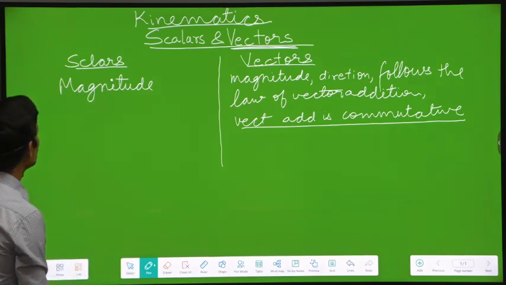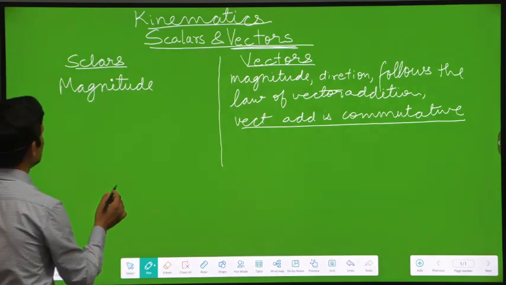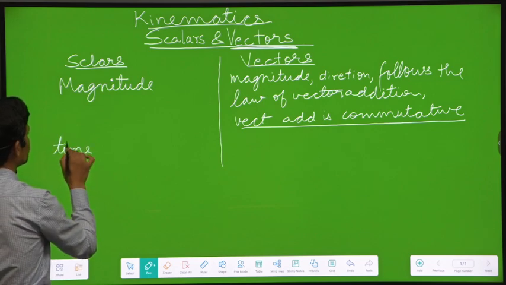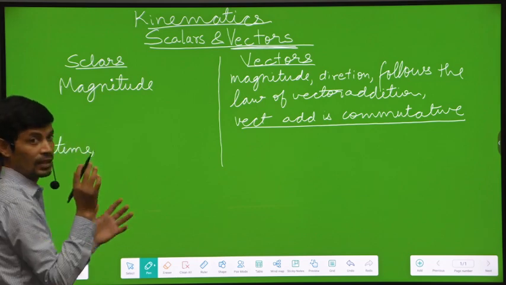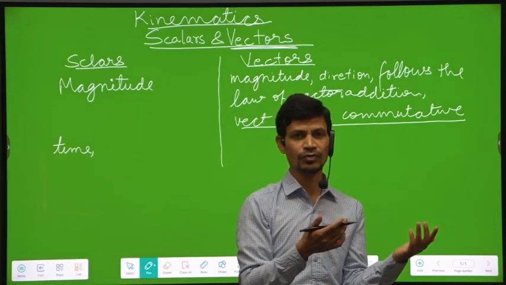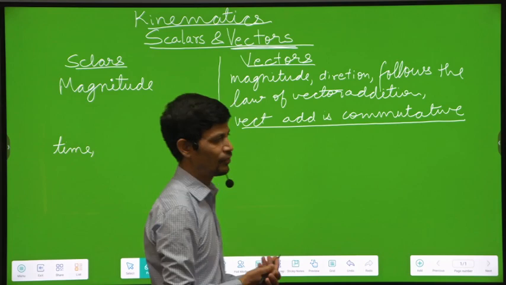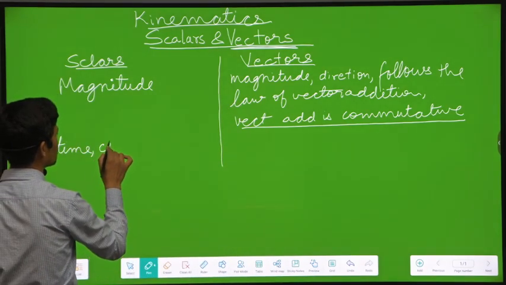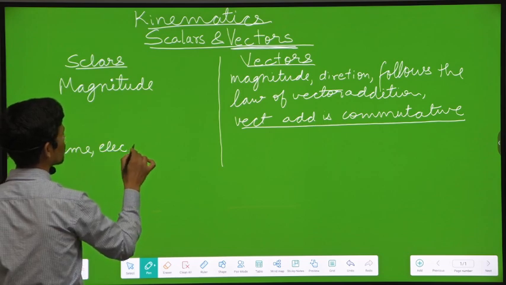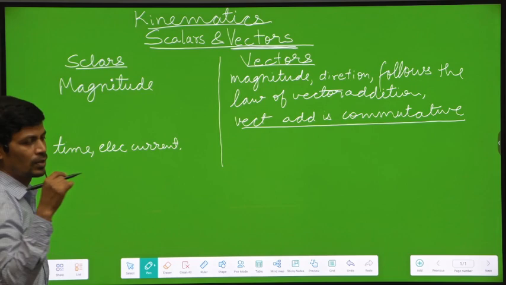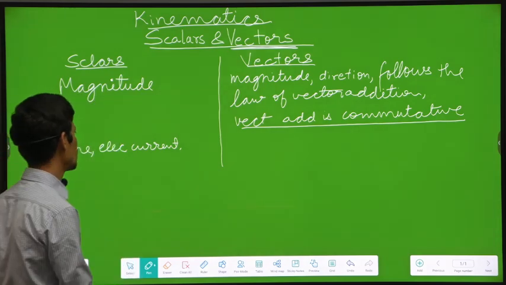Okay, so scalars, some of the examples are time, though time has a conventional direction that it moves from past to future. That looks like philosophical. Electric current also has direction. It flows from high potential to low potential.